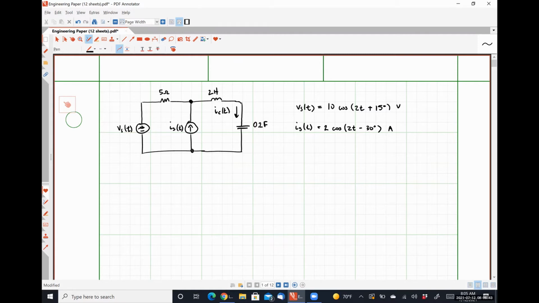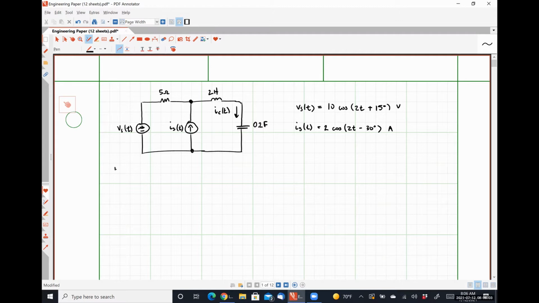So hopefully in my last live lecture, I convinced you that working a problem like this in the time domain is an absolutely terrible idea. So instead, we're going to analyze this problem in the frequency domain. And in order to do that, we need to complete a couple of initial steps.